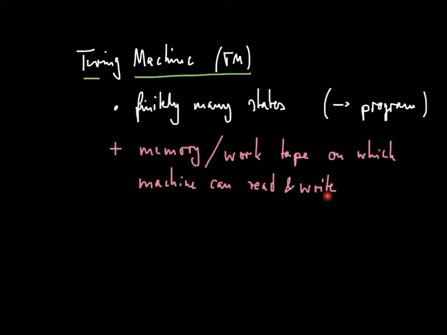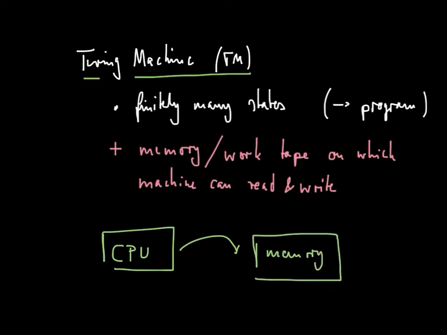This seems much closer to the way we picture a computer these days, that of a CPU operating on some memory and executing all kinds of instructions there. So that's also the idea behind a Turing machine, namely that a program, which corresponds to the CPU, operates on some work tape by reading and writing entries on that work tape.